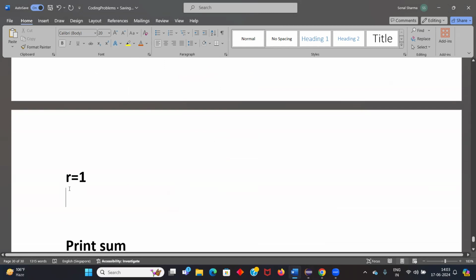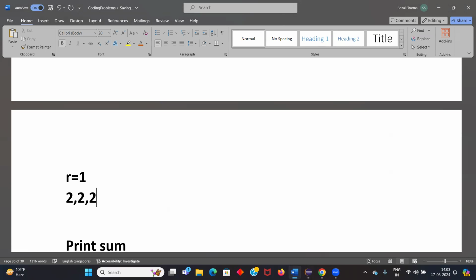Let's consider 2. 2 into 1 is 2. 2 into 1 is 2. 2 into 1 is 2. It will be same.